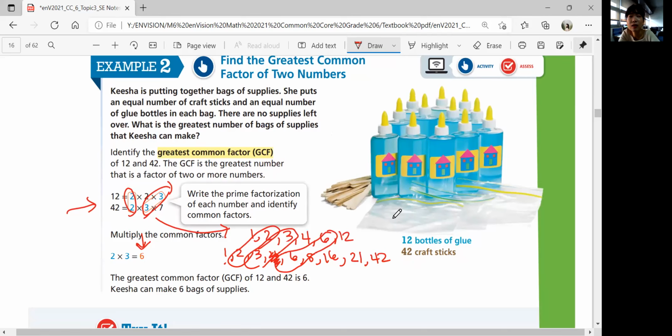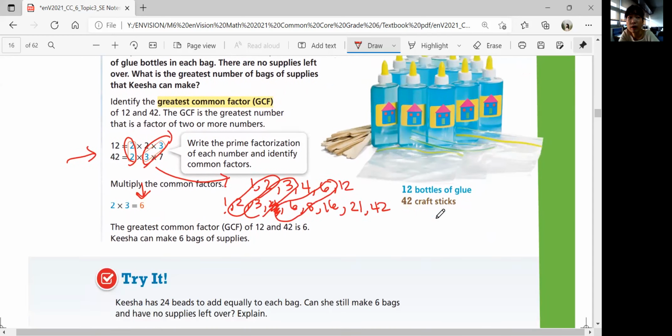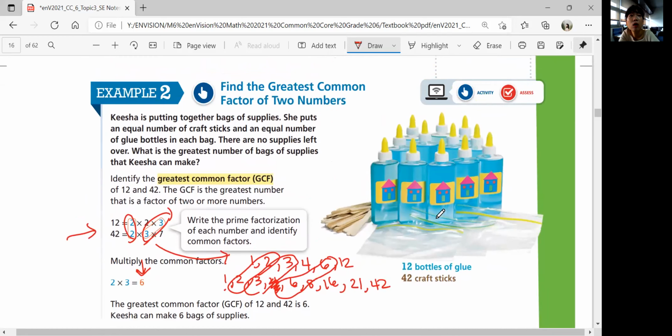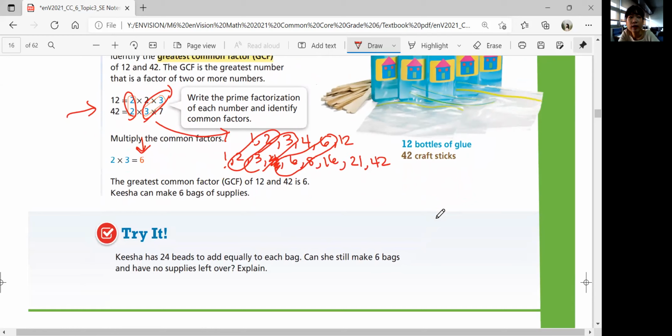Why are we getting greatest common factor? Because she can make 6 bags of supplies with 12 bottles of glue and 42 craft sticks. Okay. So let's look at the try question. Keisha has 24 beads to add equally to each bag. Can she still make 6 bags and have no supplies left over?